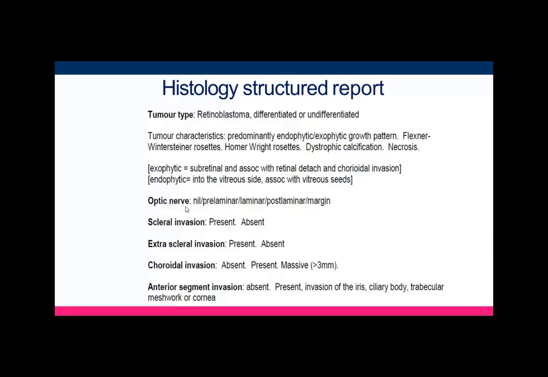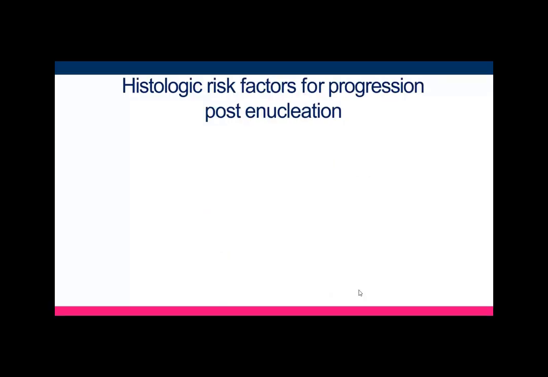Then there's always a comment on the optic nerve, whether there is tumour, no tumour, prelaminar, laminar or postlaminar, or at the margin. There's a comment on scleral invasion, extrascleral invasion, whether there's choroidal invasion, of course if there is, is it massive or not, and a comment on the anterior segment invasion, whether it's present or absent and what it involves.